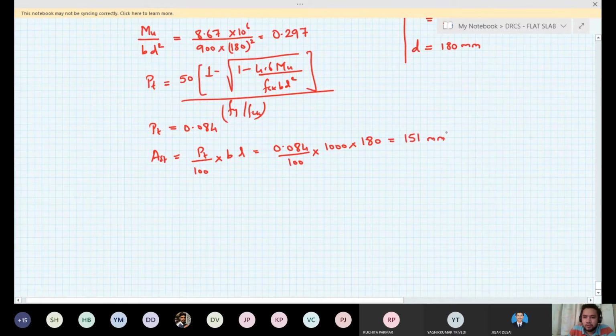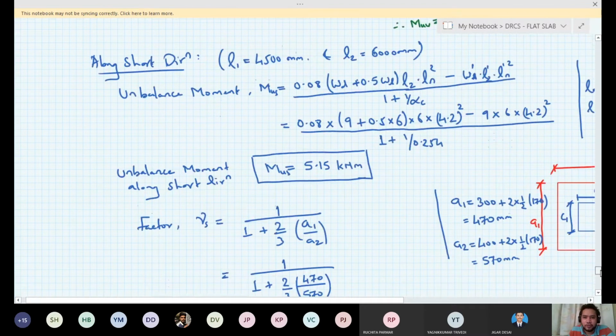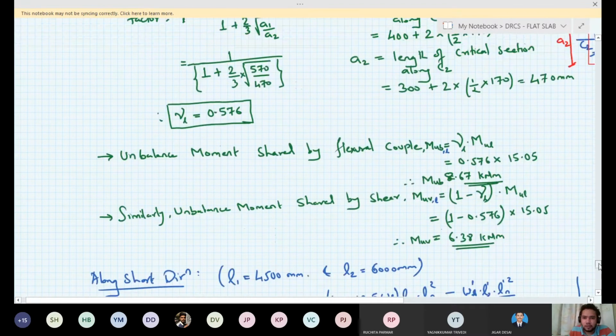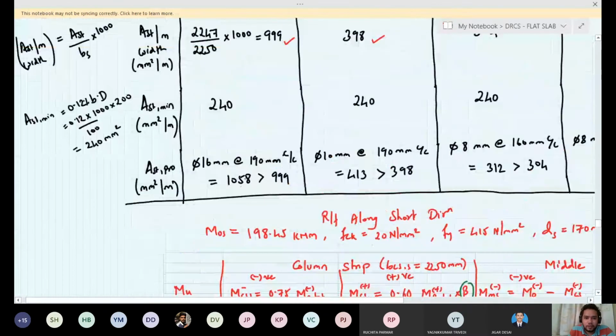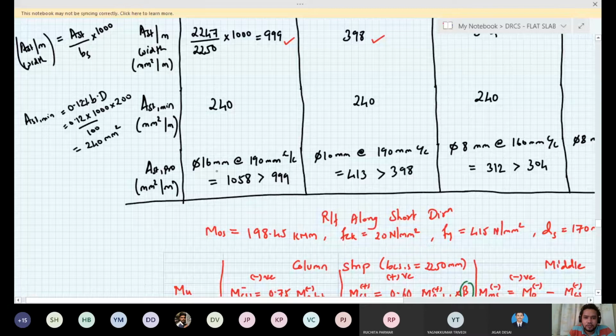mm square per meter. And we have provided 16 dia at 190 center to center. So the provided is more than the required due to the unbalanced moment.